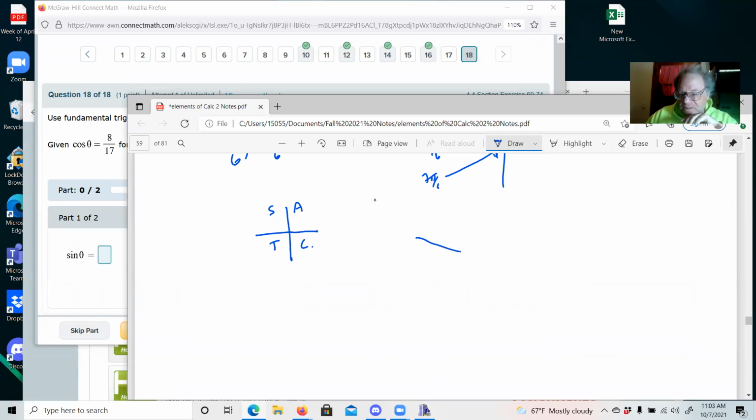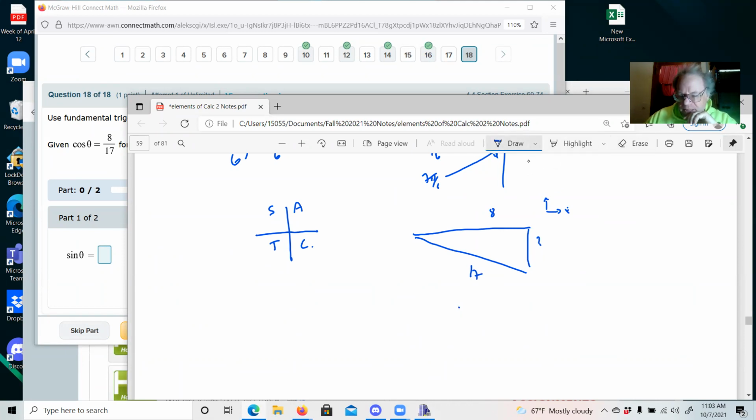So we have a triangle that looks like this. Here is our 8, here's our x, positive here. And then we have 17 here. We need to figure out what this side is. So we have 17 squared minus 8 squared, let me not jump that far ahead.